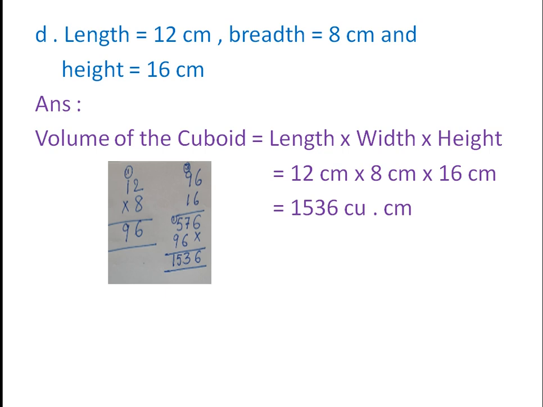First calculate: 12 8s are 96, and 96 16s are 1536 cubic centimeters. This is the answer for the volume of the cuboid D problem.